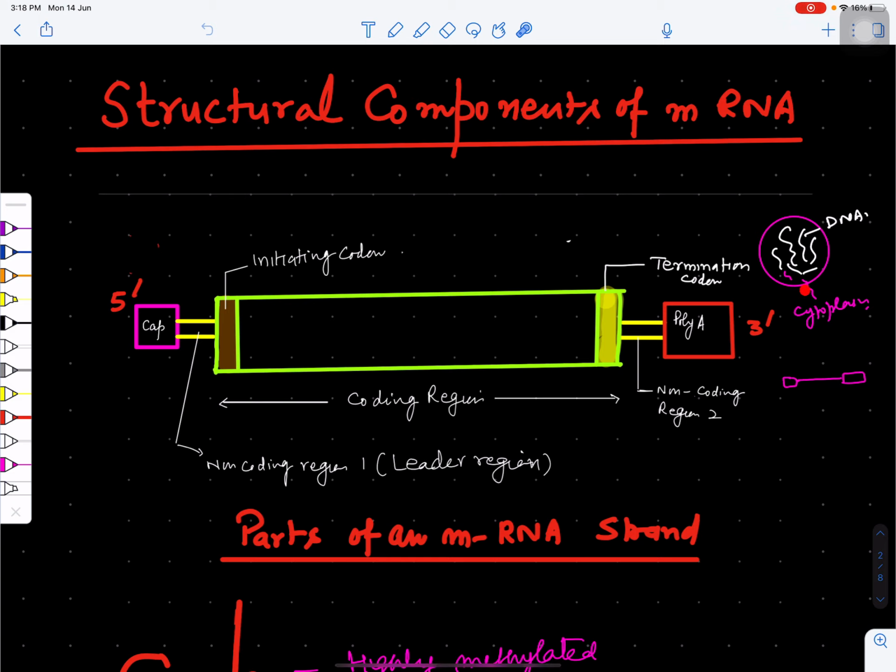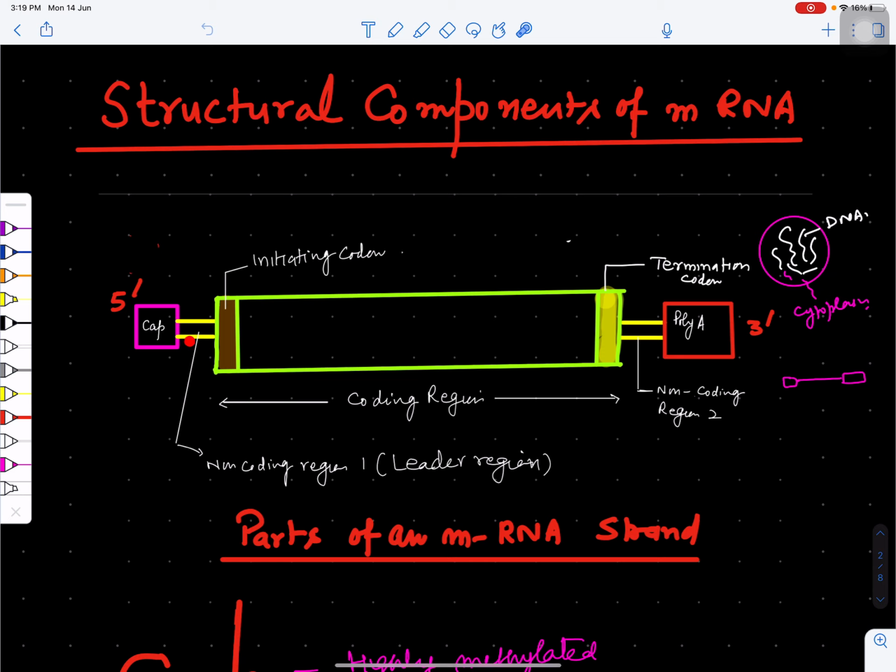Before coming out into the cytoplasm, a cap and a tail will be added. The cap and tail protect the messenger RNA in the cytoplasm from the action of enzymes. The cap is present at the 5 prime end, and the tail is present at the 3 prime end.